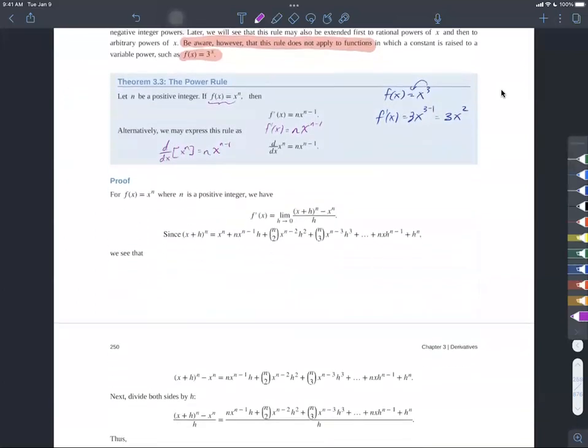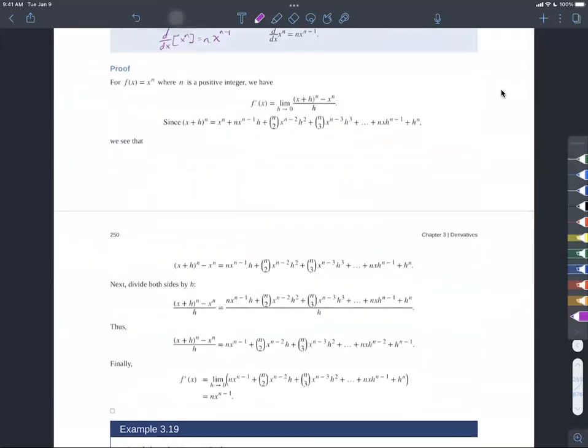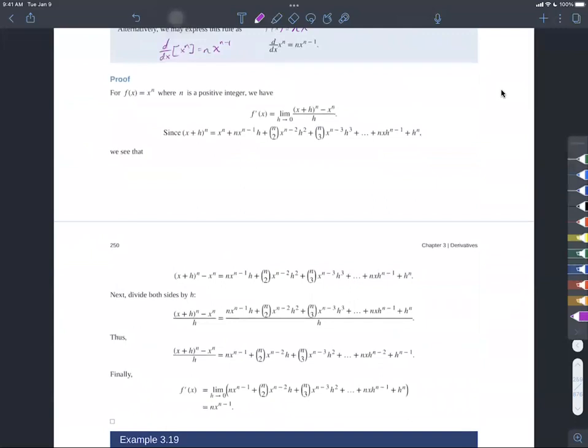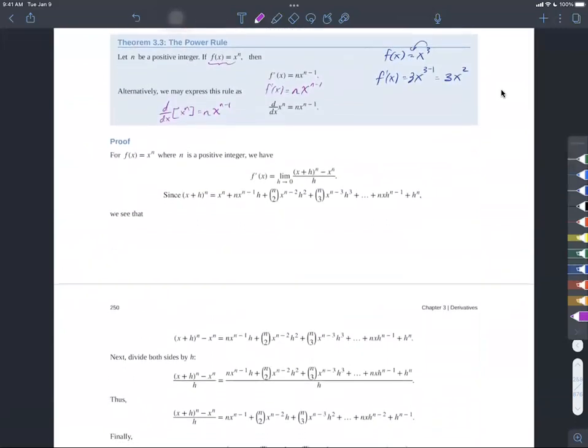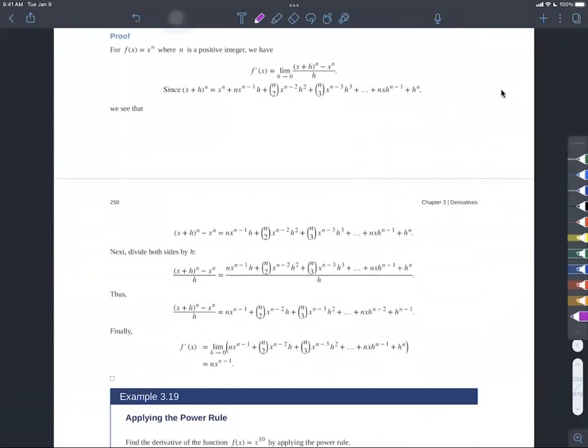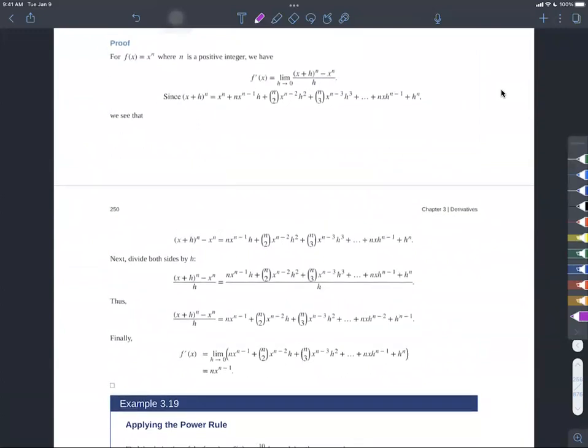Now we have a proof here for this theorem, theorem 3.3, but we won't go through the proof in detail. It uses the binomial theorem.